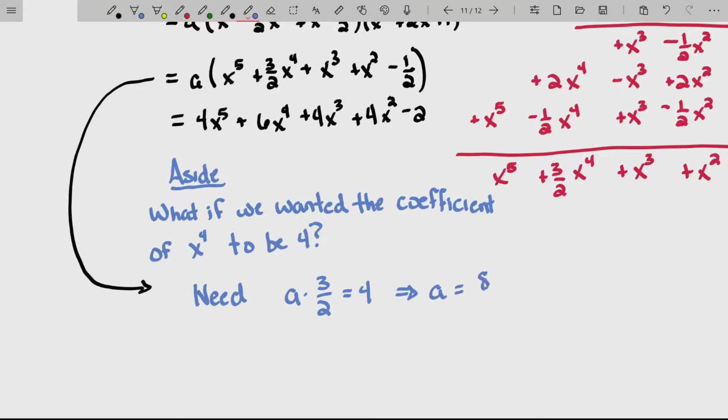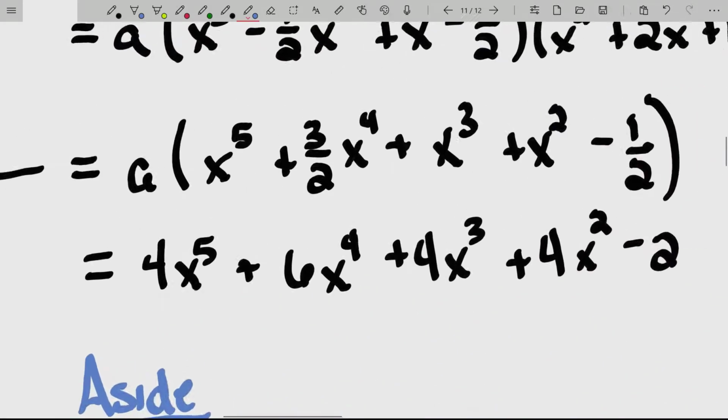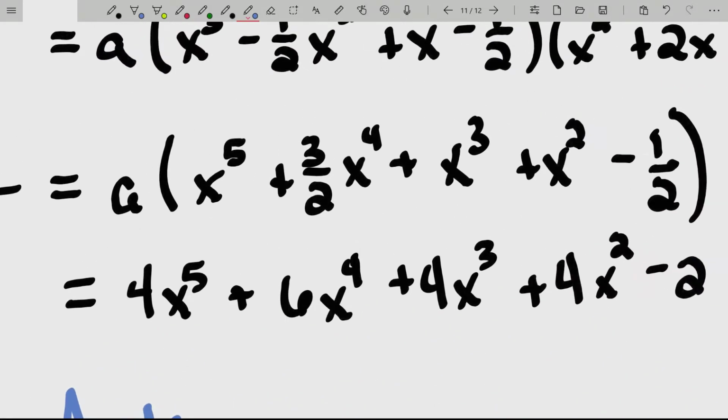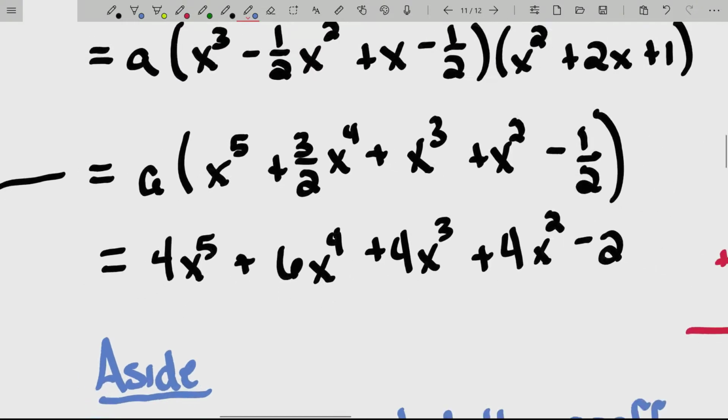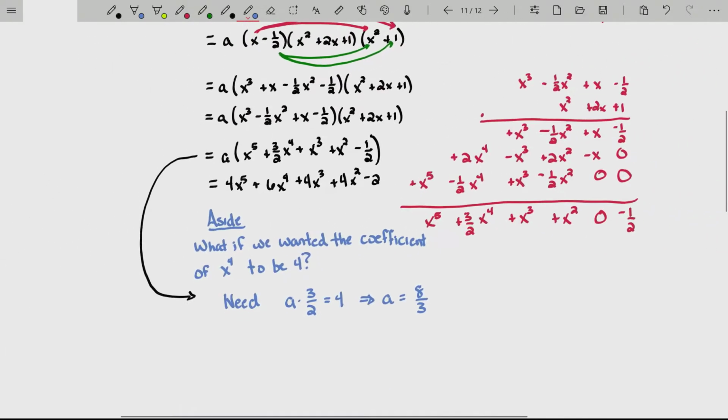So that would imply that a would have to be 8/3. And then you would go ahead and distribute that through. So that's just a piece of information that if it's not always the leading coefficient, you're going to have to do something like this in the end, really minor. But once you know that a is 8/3, you just then distribute 8/3 to each of those pieces. Nothing big, but I'm just letting you know that's how that would be done.